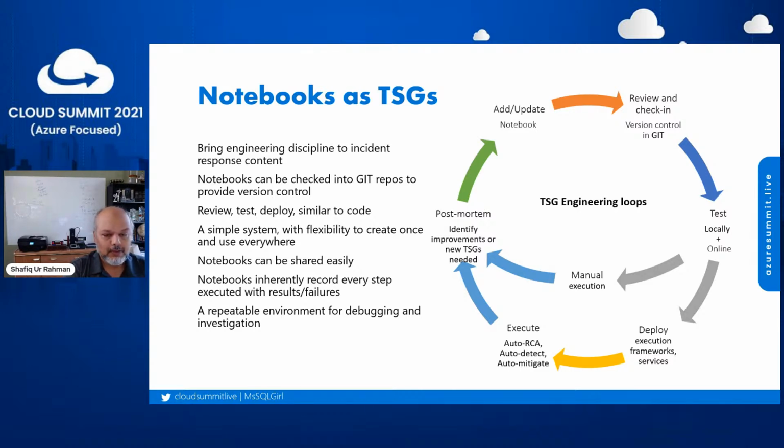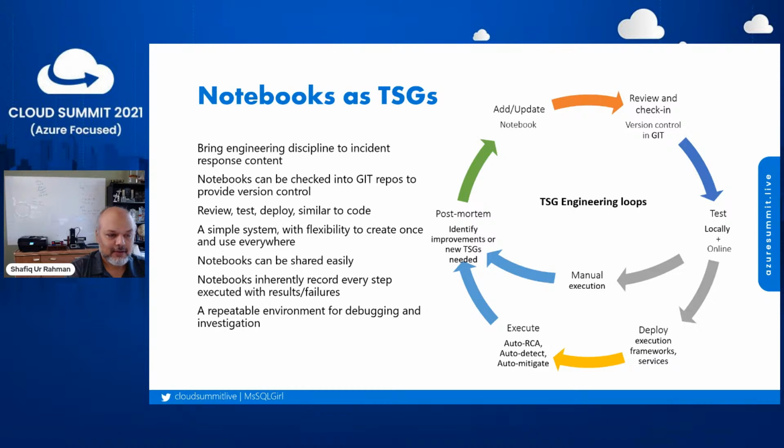Now, the outer loop you're seeing there is about automation. Once you've tested, you could also automate things like deploy it to an execution framework, and then use those same notebooks you're using manually to do auto detection of incidents or auto root cause analysis and things like that.